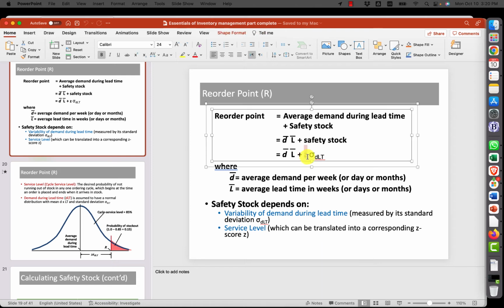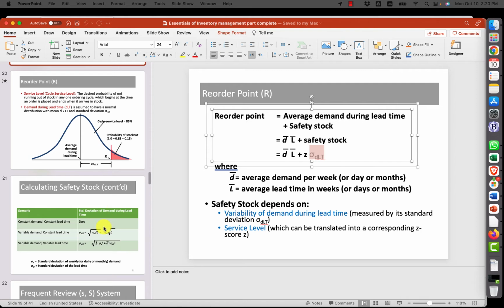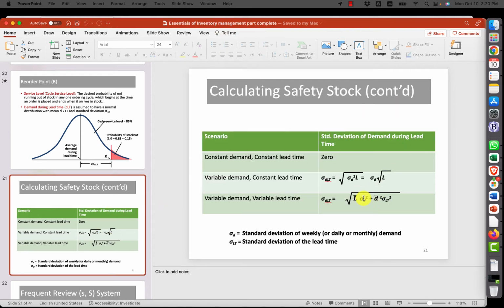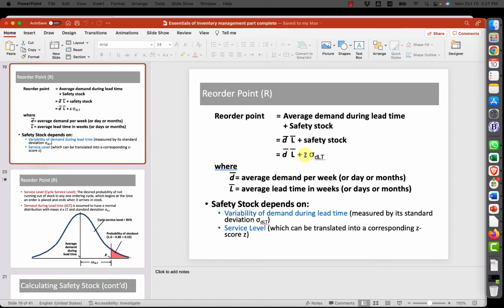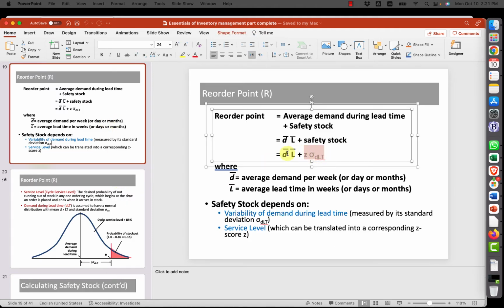Safety stock is the z-score times the standard deviation of demand during lead time, sigma DLT. Sigma DLT is given by this formula because demand is variable and lead time is variable. We're going to use the third row formula here. We'll get sigma DLT through this formula, and multiply it by the z-score. We'll get safety stock. Then we'll add the d times L and we'll get the reorder point.